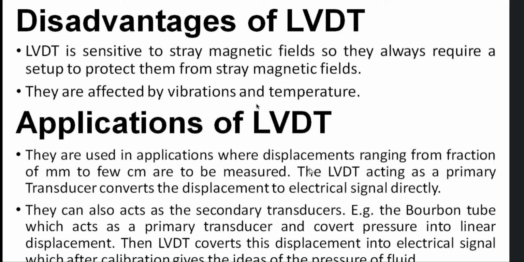They are used in applications where displacements ranging from a fraction of a millimeter to a few centimeters are to be measured. The LVDT, acting as a primary transducer, converts the displacement to an electrical signal directly.